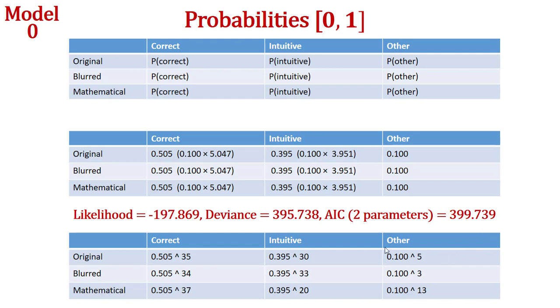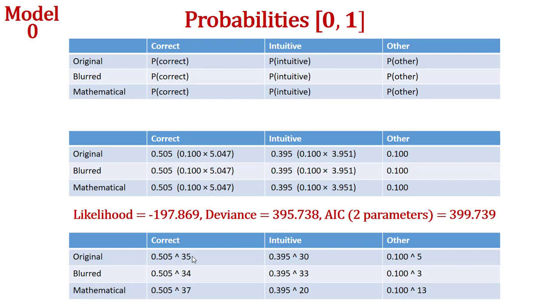Okay, so how do we come up with this likelihood? In this model, for each participant, we say that the probability of observing a correct answer in this participant is 0.505. The probability of observing an intuitive answer is 0.395.